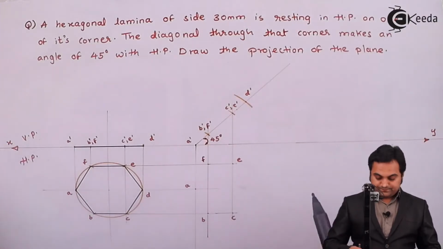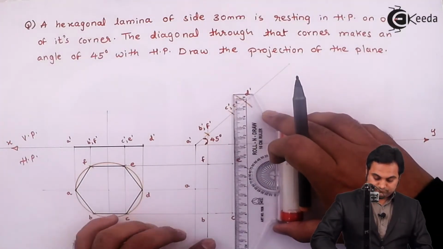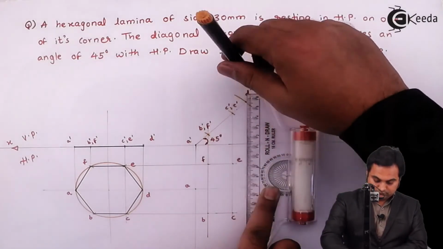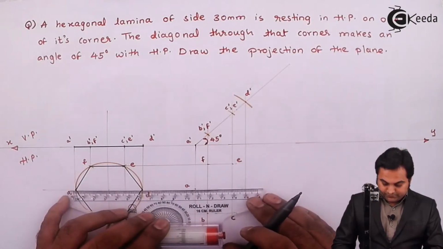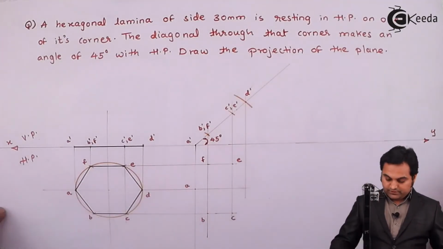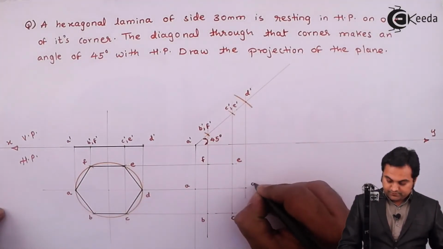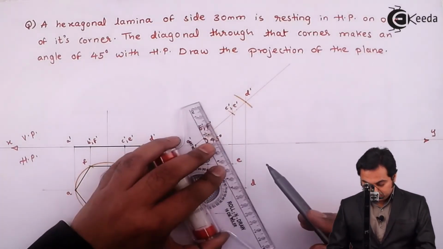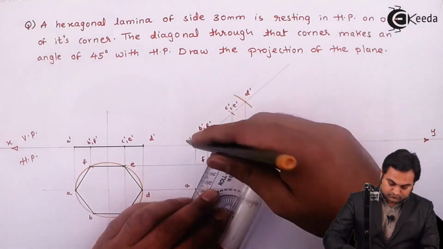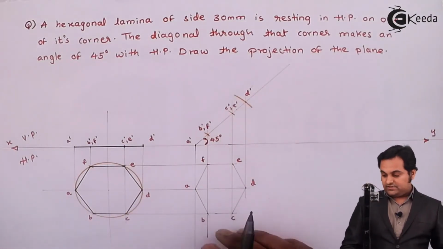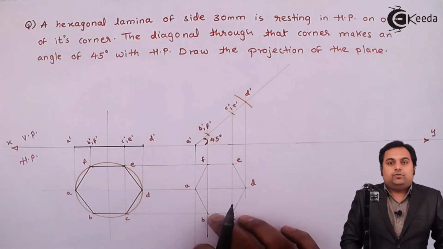D dash and here point D, where they intersect, that will give me point D. Joining all points in order. Next, this is the hexagonal plane as we see it from the top.